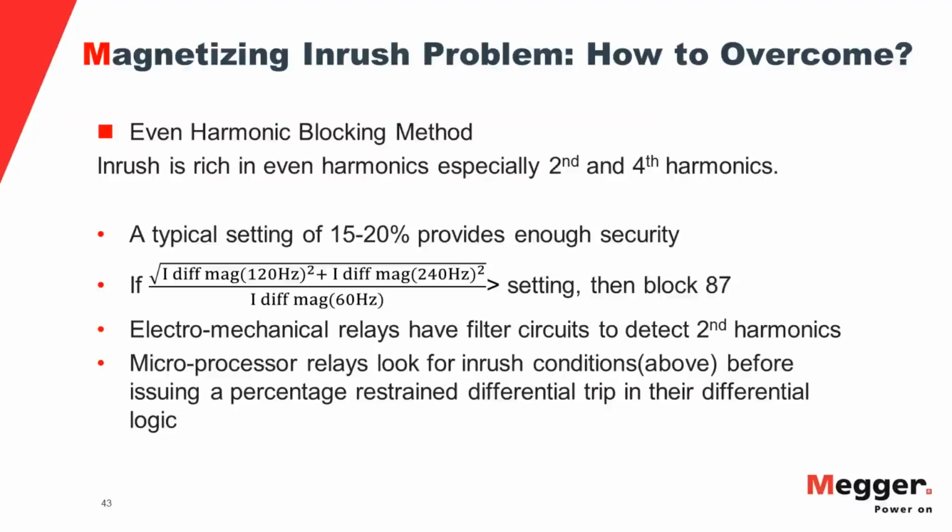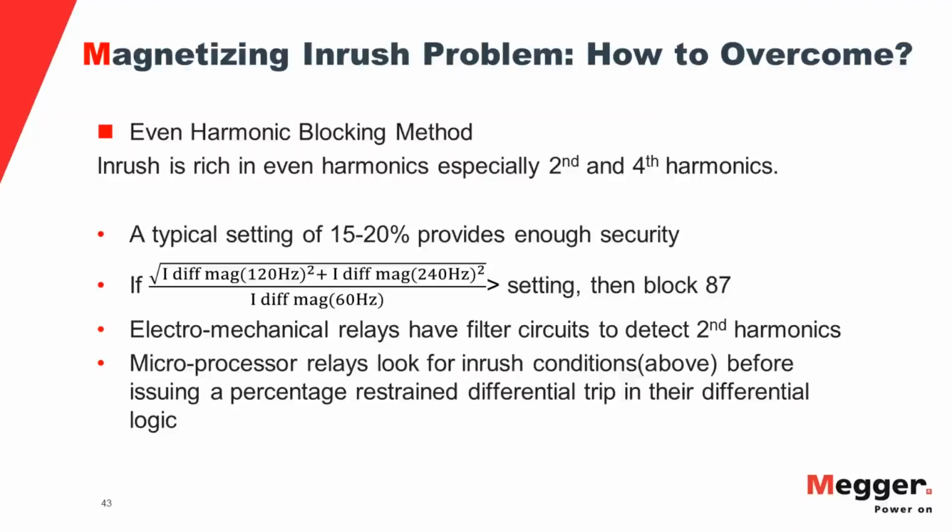Some modern transformers which have good steel core properties sometimes do not experience the typical 15 to 20% of second harmonic during the inrush conditions. So in those cases, what they see is only one phase sees a value higher than 15%, but the other phases are well below that.